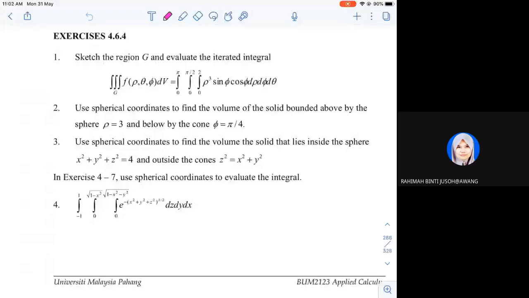Different from before, where there was one cone, now there are cones, 2 cones. So we have 2 sides of cones on the z axis, because of the z squared, it's both sides, positive and negative. And the sphere is the same. Okay, let's solve this question.